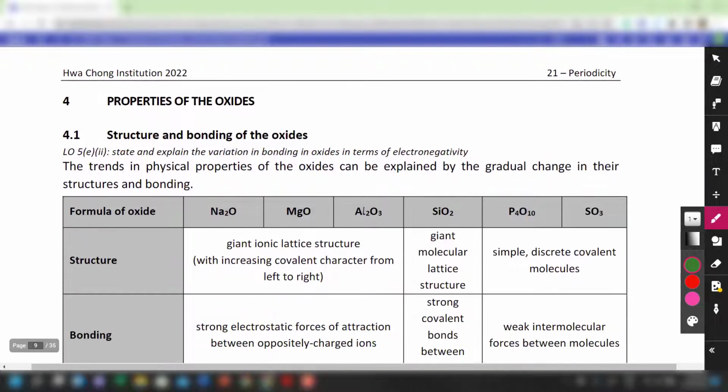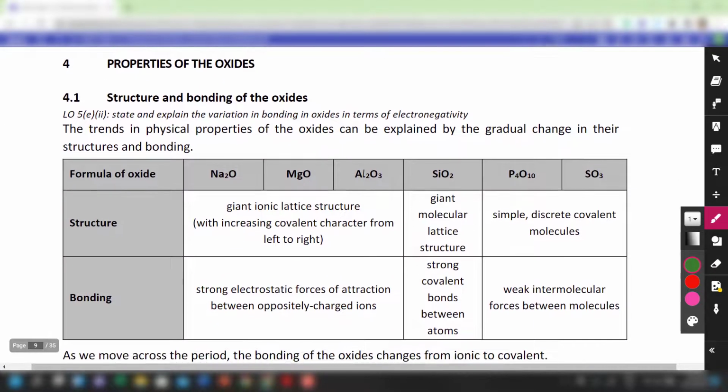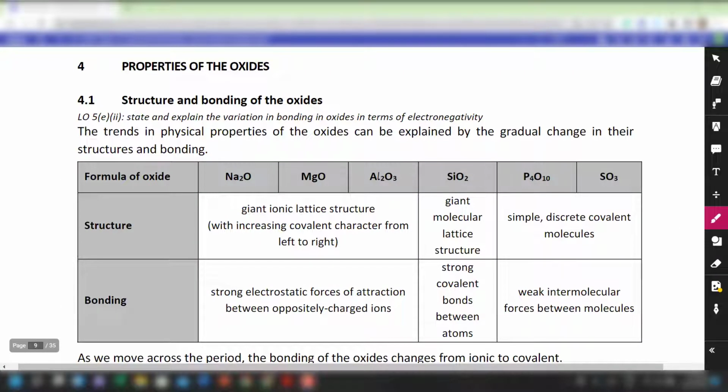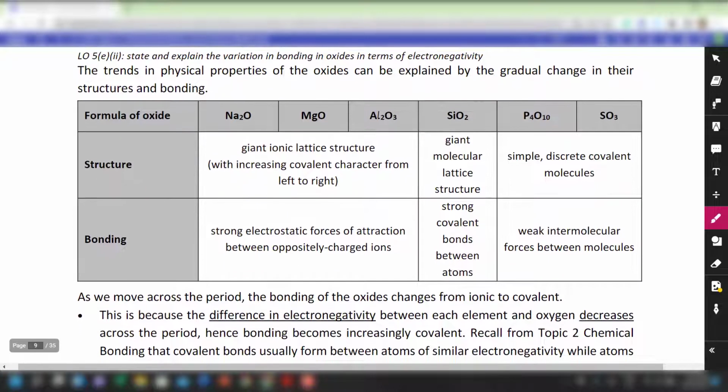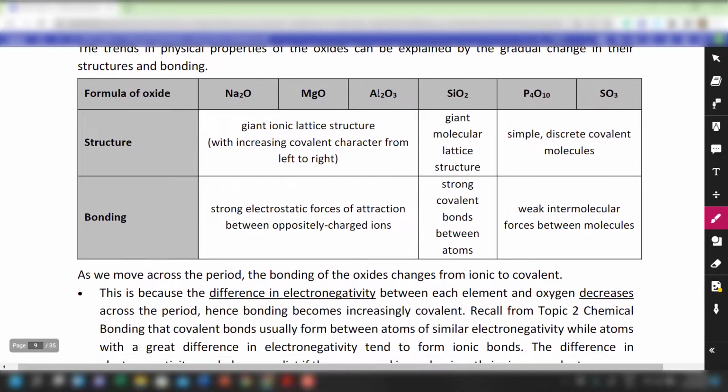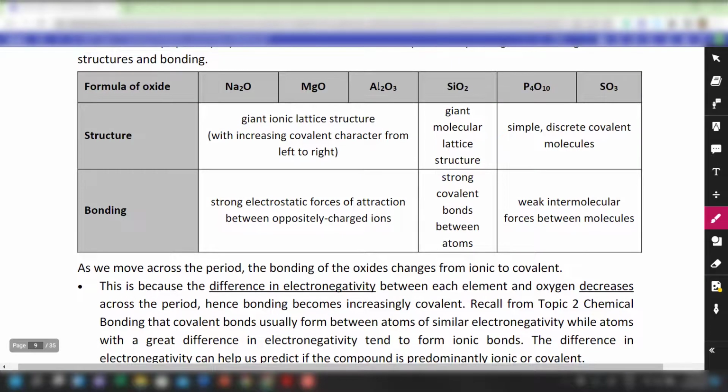We'll move into section 4 next on the properties of the oxides. We will first look at the structure and bonding of the oxides. Okay, so we'll be looking at the first 6 oxides in period 3 as mentioned by the learning objective. So as we move across the period from sodium to magnesium to aluminium, silicon, phosphorus, sulfur, electronegativity values actually increase.